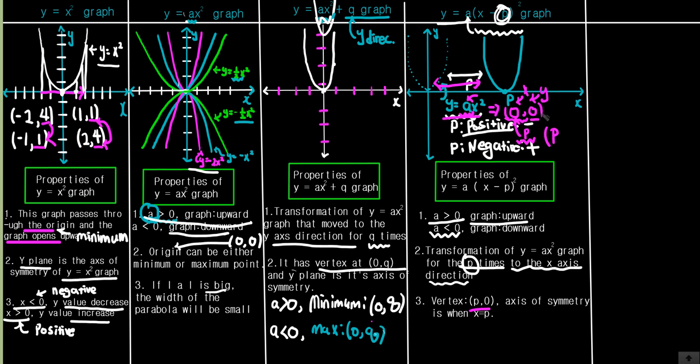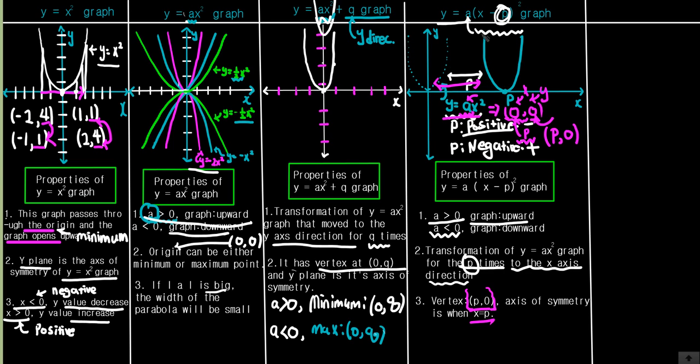For the y value, we didn't move it up or down, so we can count it as 0. That's why the vertex of this function is p comma 0. And for its axis of symmetry, it is when the x value is equal to p.